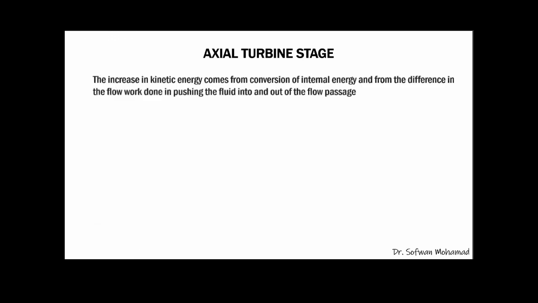All right, so the increase in kinetic energy comes from the conversion of internal energy and from the difference in the flow work done in pushing the fluid into and out of the flow passage.